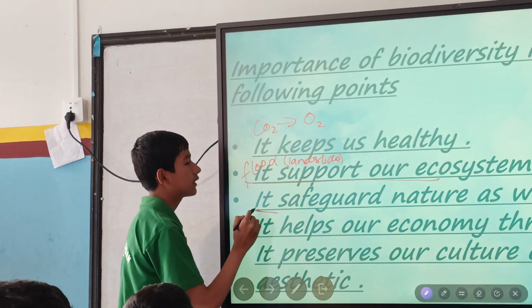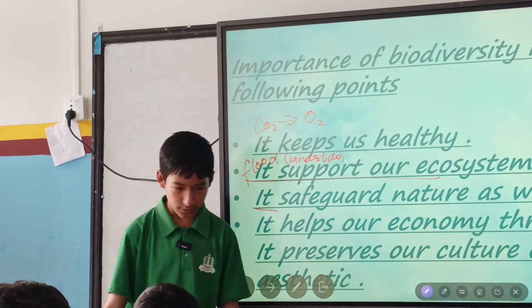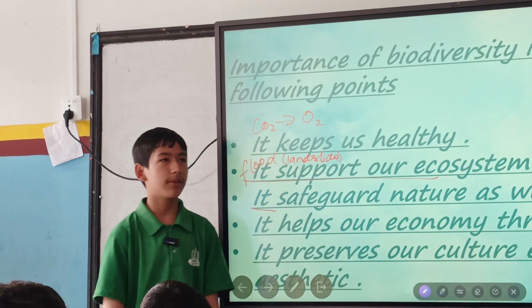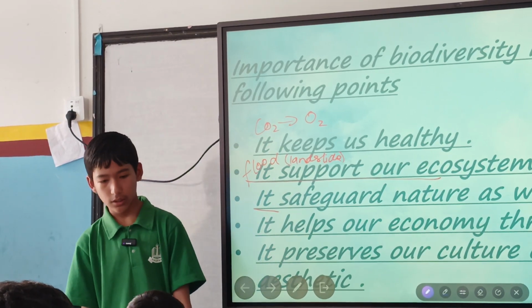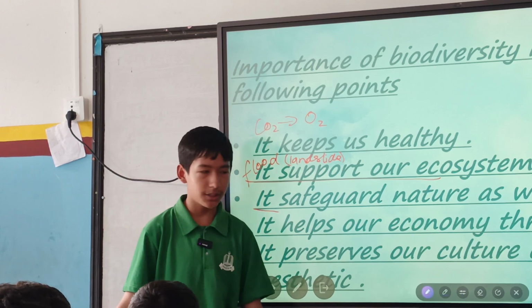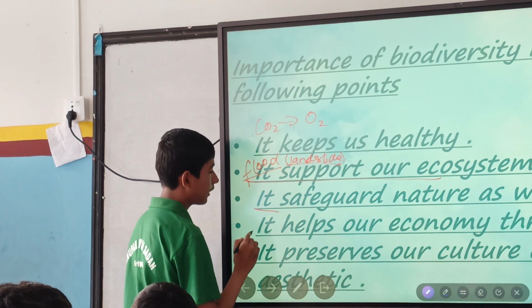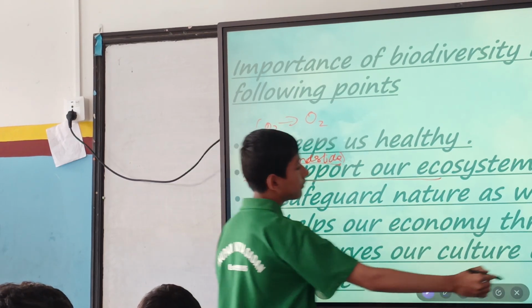Yes, as I said before, it safeguards our nature, like the animals or plants which are found near us. They have a very crucial role in our residence there, as we know that plants prevent us from many natural disasters, and it helps our economy thrive.